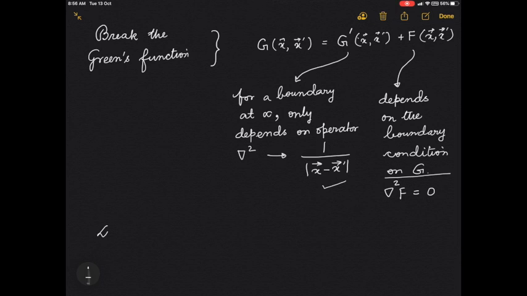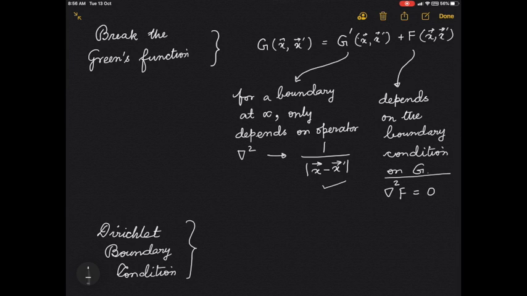What do I do? Okay, so let us now choose a particular type of boundary condition, because that is what we will discuss today mostly, which is Dirichlet boundary conditions. As we have been saying, the choice of the boundary condition on G is on us, and in this case we choose this equals 0 at the boundary.